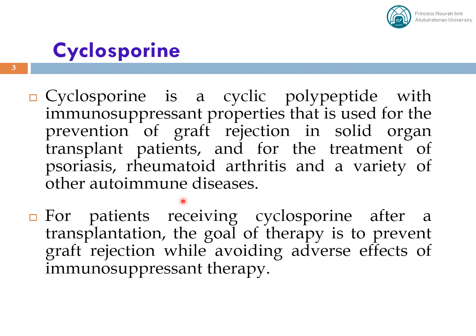So cyclosporin as an immunosuppressant agent is used either for prevention of graft rejection, the graft being the transplanted organ like kidney or liver or heart, in solid organ transplant patients, or for treatment of psoriasis and rheumatoid arthritis. These are types of autoimmune diseases.